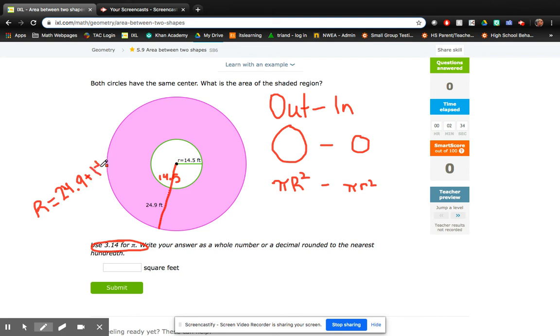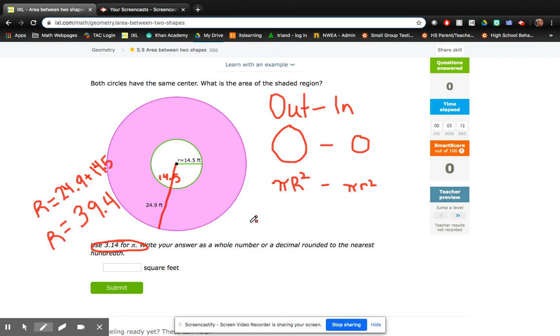I don't know why I can't draw 4 today. So 24.9 minus 14.5 is 10.4. I don't know why I'm subtracting it. Let me add it like I said I was going to. 24.9 plus 14.5 looks like 39.4. And that actually makes sense when you're looking at adding those two numbers. Okay, so that is the radius of my big circle.